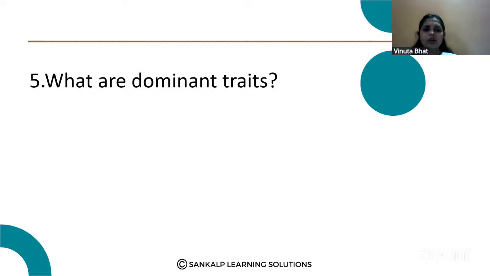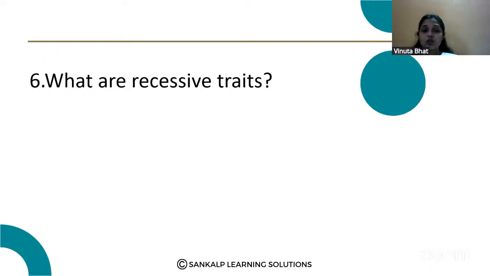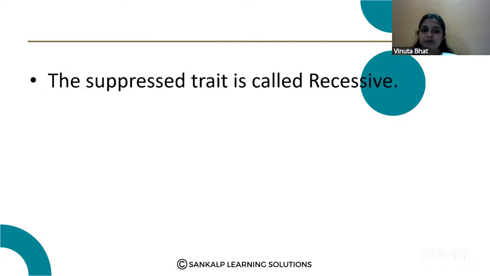Next question, what are dominant traits? Here, the expressed trait is called dominant. And next question, what are recessive traits? Here, the suppressed trait which is not expressed is called the recessive trait.